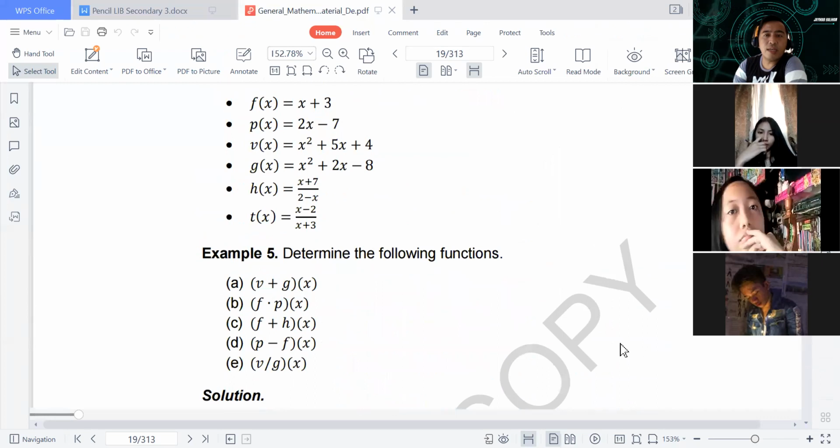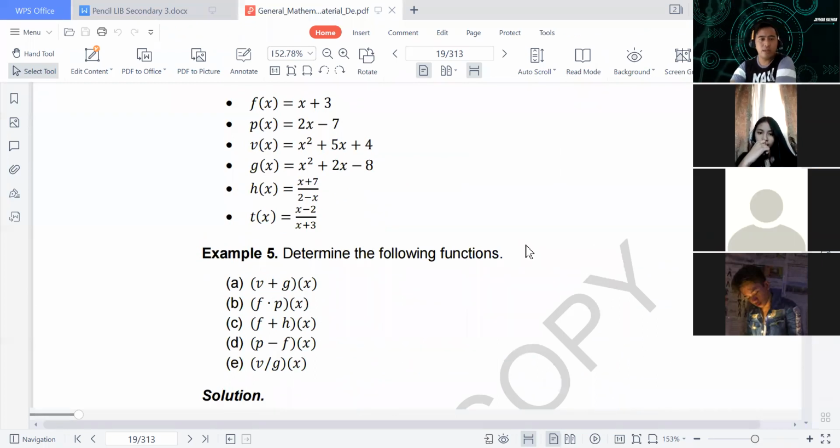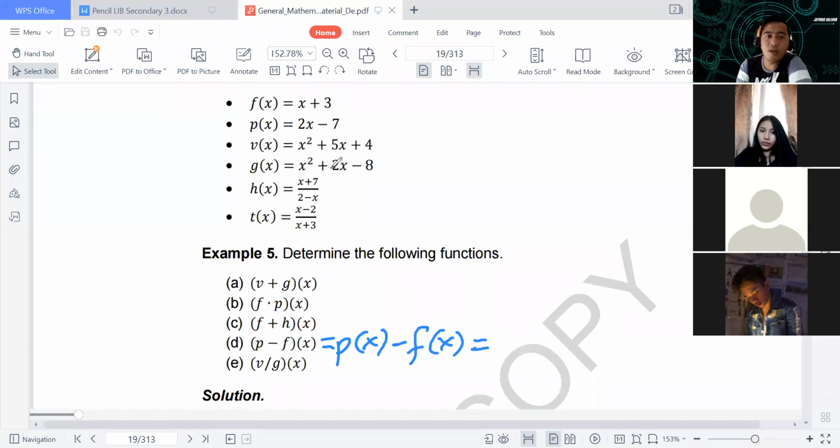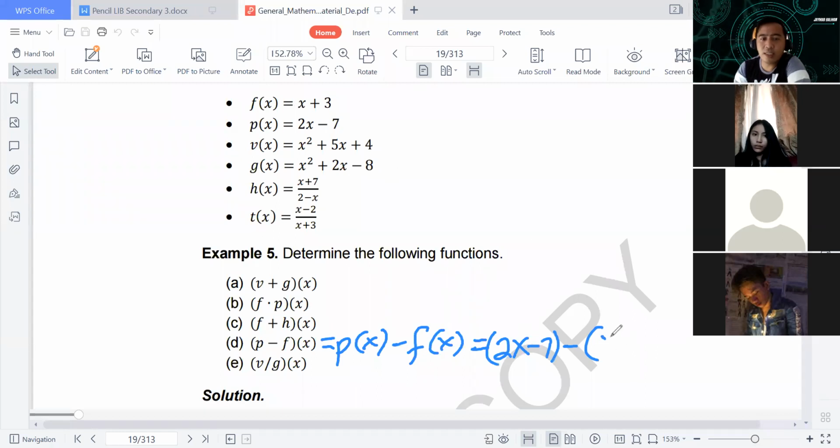Let us have the next one. Letter D. For the letter D, we are asked to subtract. So, P of X minus F of X. Your P of X is 2X minus 7, minus your F of X is X plus 3.